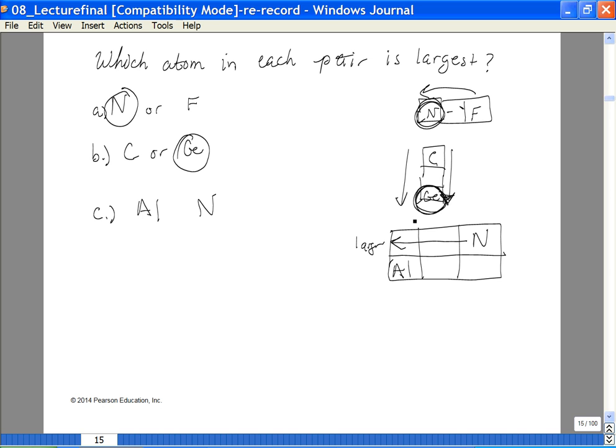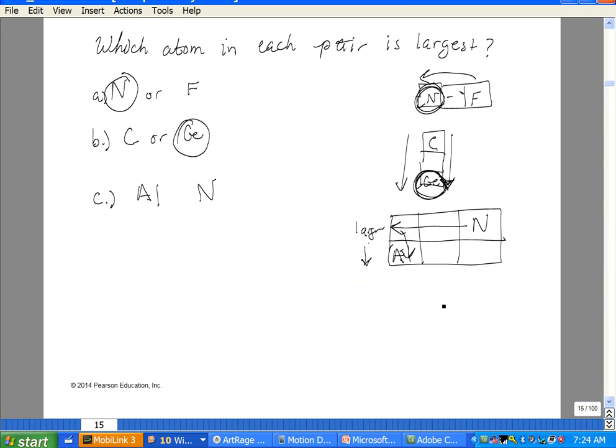But going down, we also expect it to be larger. And so therefore, it's clear cut that we can predict that going to the left we have an increase in size, and going down. So we can very easily predict that aluminum would be larger.